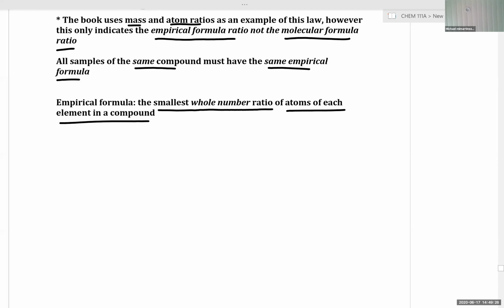So to show a case where the law runs into difficulty, let's look at, for example, nitrogen dioxide, NO2, and dinitrogen tetroxide, N2O4. In nitrogen dioxide, we have 2 oxygen atoms for every 1 nitrogen atom.